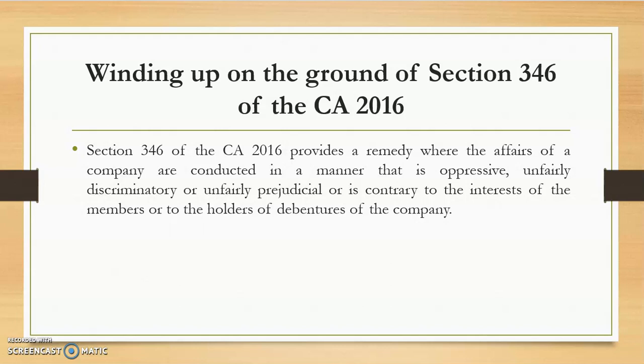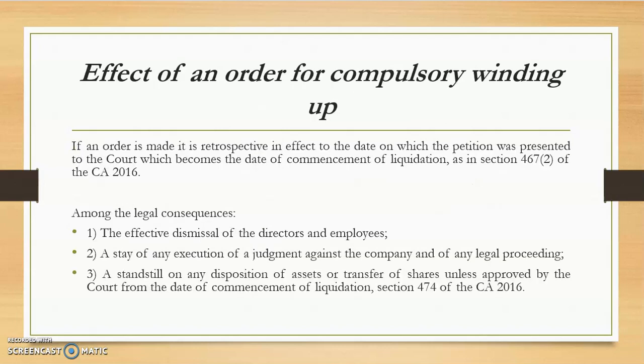Now, what is the effect of an order for compulsory winding up? If an order is made, it is retrospective in effect to the date on which the petition was presented to the court, which becomes the date of commencement of liquidation.